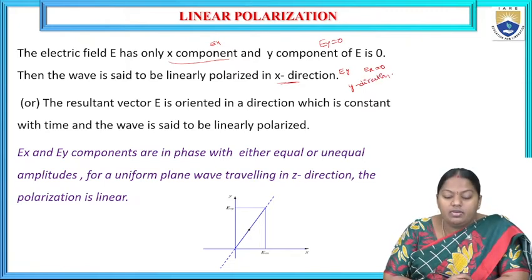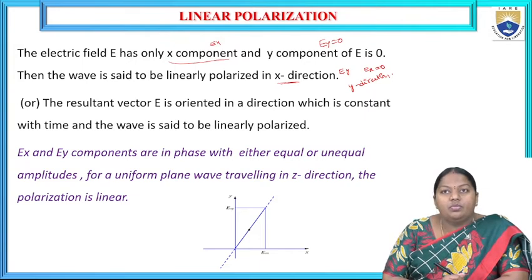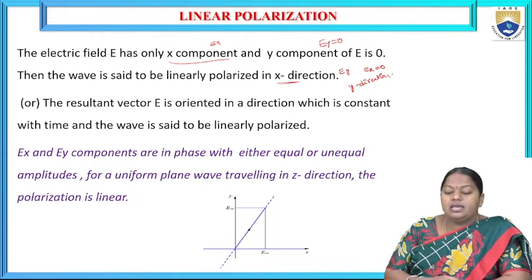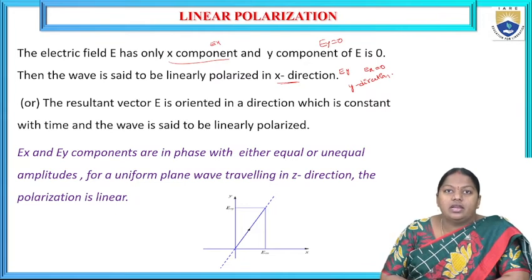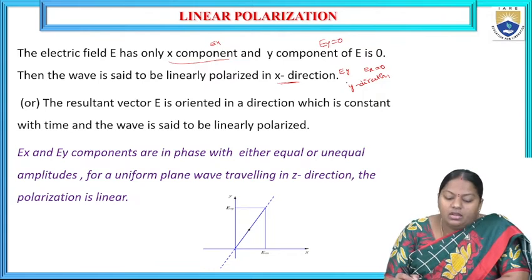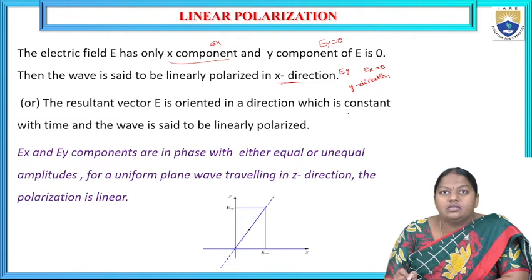Okay, this is the way we can define linear polarization. So if the electric field E has only X component and Y component of E is 0, then the wave is said to be linearly polarized in the X direction. And we can say in the other case, if the electric field has only Y component and X component of that is 0, then the wave is said to be linearly polarized in the Y direction. Okay?